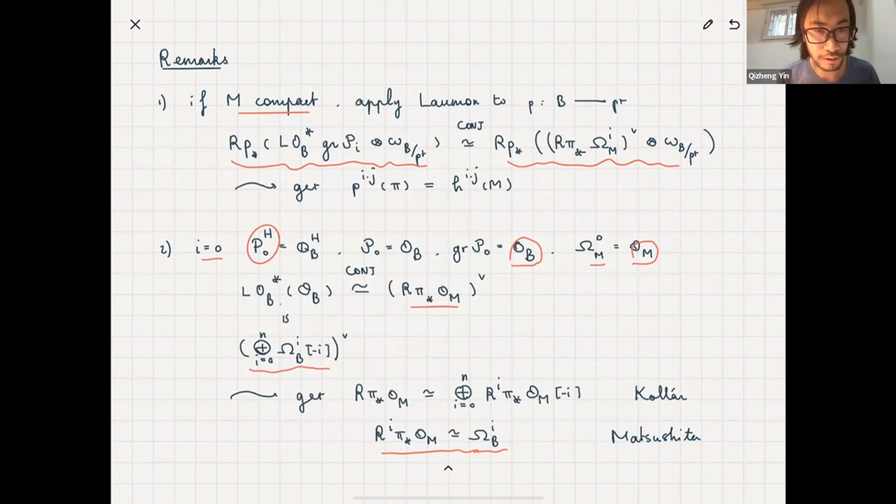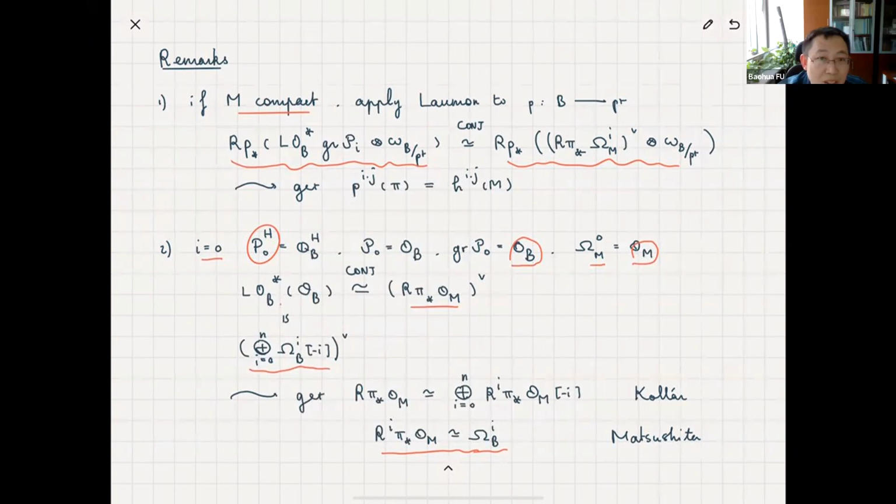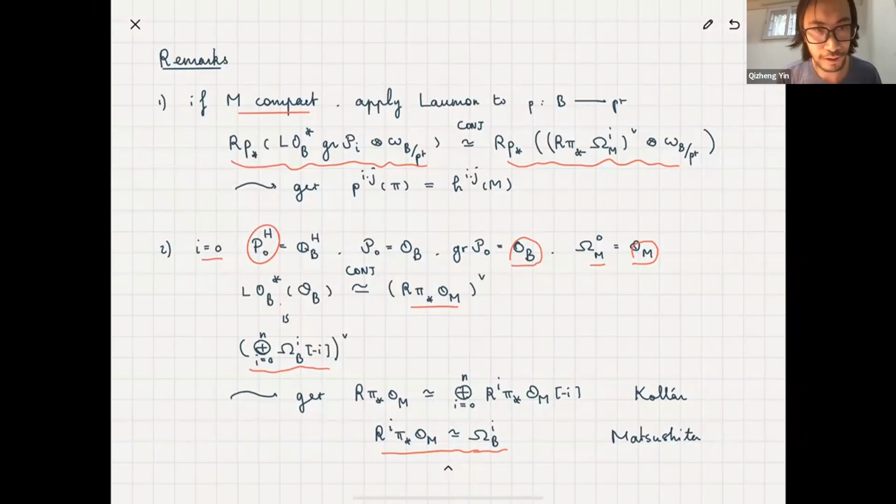Your conjecture assumes B is smooth. Yes. One can also state a version without B smooth, which also specializes to what we had before. Here I'm just simplifying things.